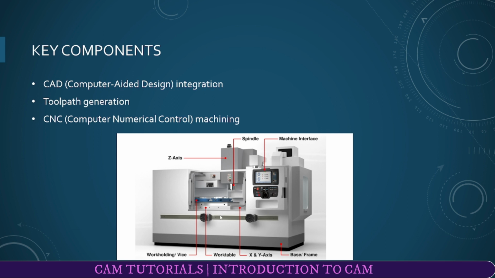All these functions that you can do with a manual lathe or manual milling machine, the CNC machine can do automatically, and it can perform more critical and complex parts and complex features that you cannot produce by using a manual lathe or milling machine.